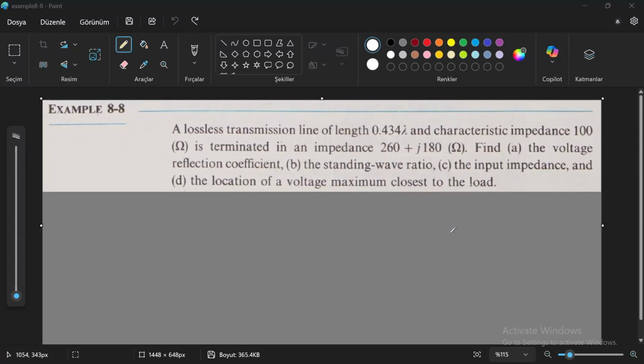Example 8.8. Let's read the problem together. A lossless transmission line of length 0.434 lambda and characteristic impedance of 100 ohm. This is RO. Let me write.